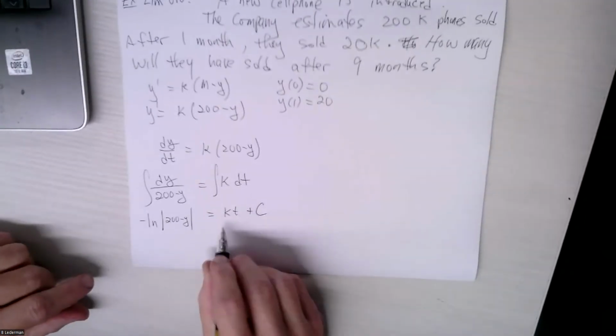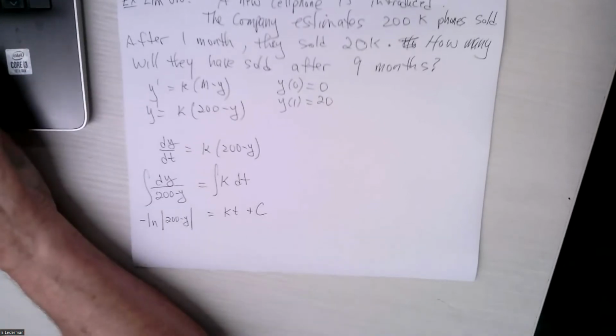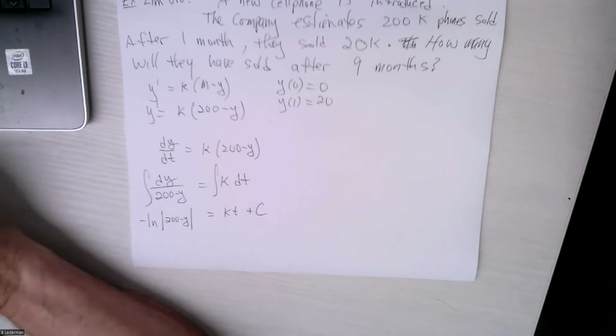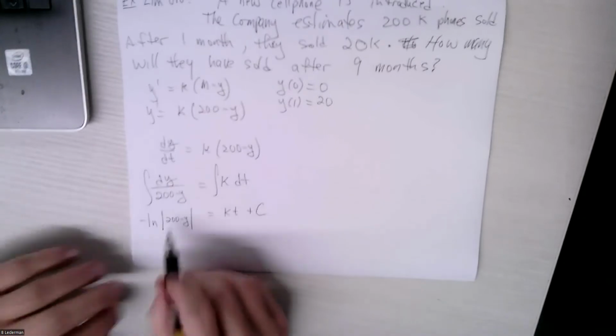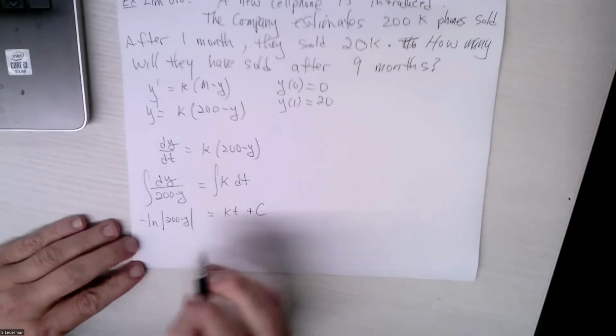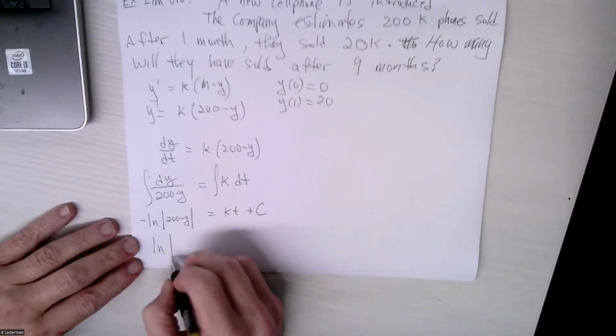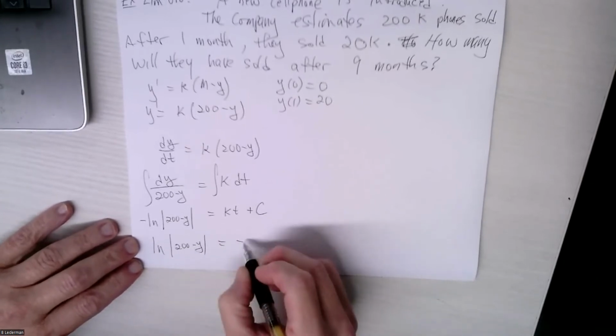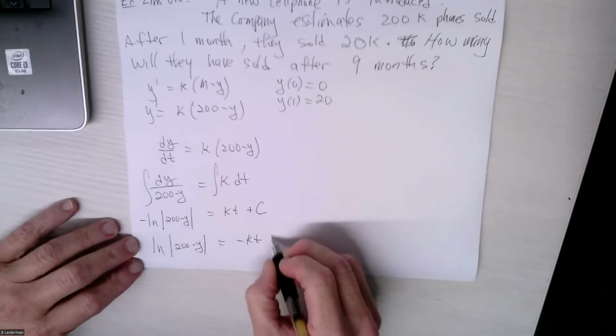Now I want to find k and I want to find c. So how are we going to do this? First, to make it a little simpler, I'm going to multiply both sides by negative 1. So I'm going to say ln of 200 minus y equals negative kt plus c.